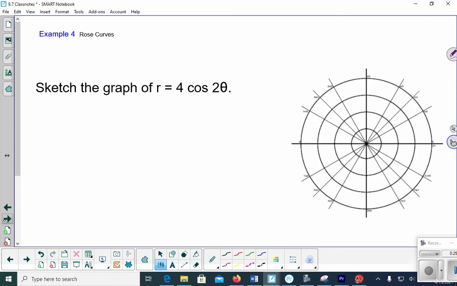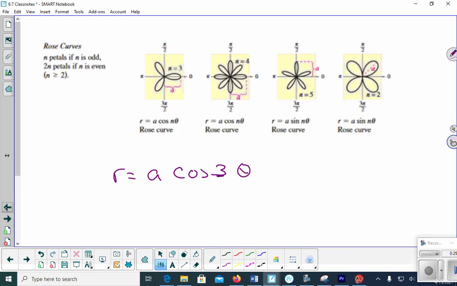So let's show you what I mean by how the rose curve helps me. So here, I'm going to do r is equal to 4 cosine theta. So when I go back here and I see if n is equal to 3, I have 3 petals. If n is equal to 4, I have 8 petals. If n is equal to 5, I have 5 petals. If n is equal to 2, I have 4 petals. So the rule is if n is odd, then you have n petals.